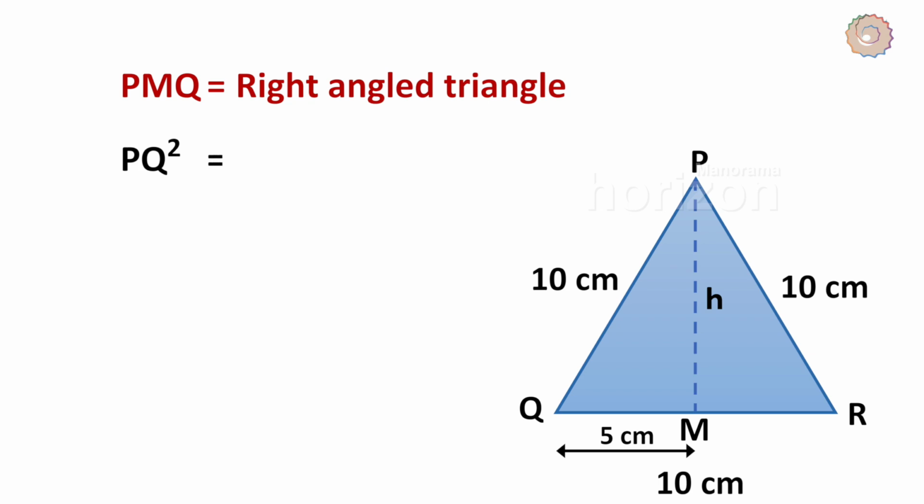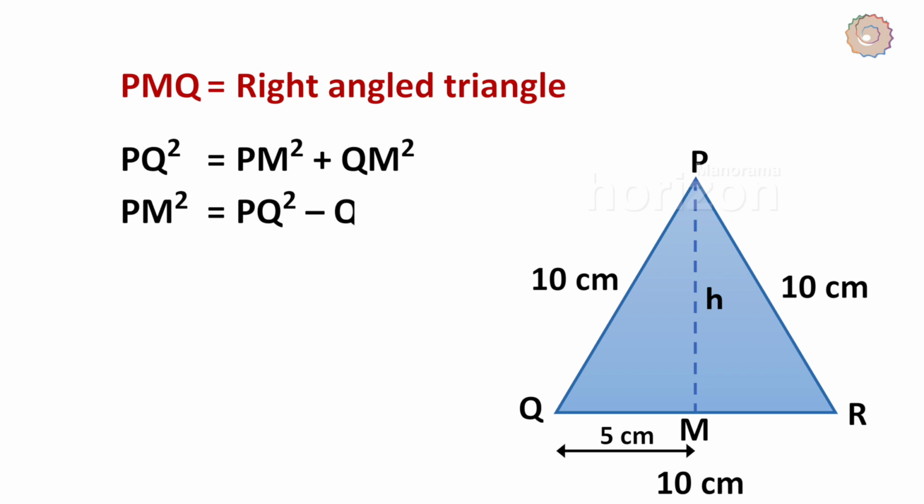PQ square is equal to PM square plus QM square, or you can write PM square is equal to PQ square minus QM square. Now substituting the values, PM square is equal to 10 square minus 5 square.